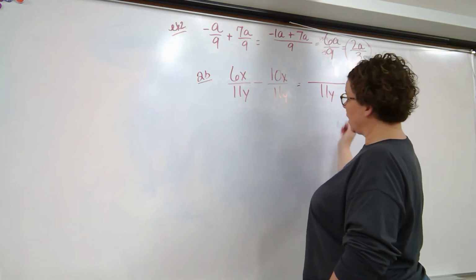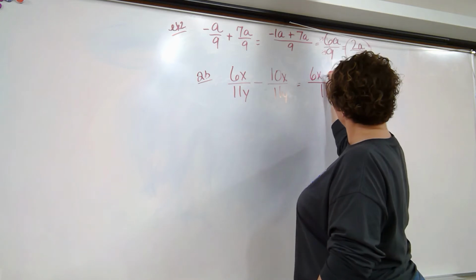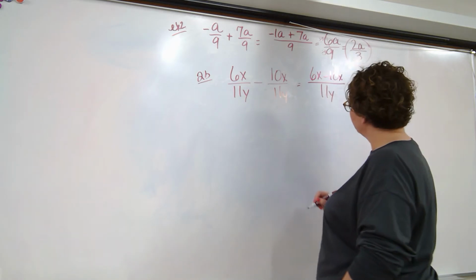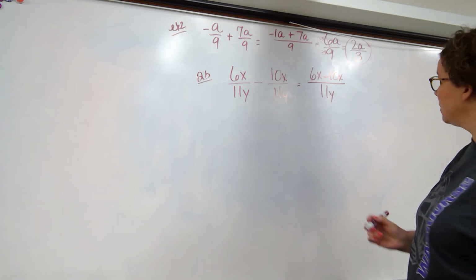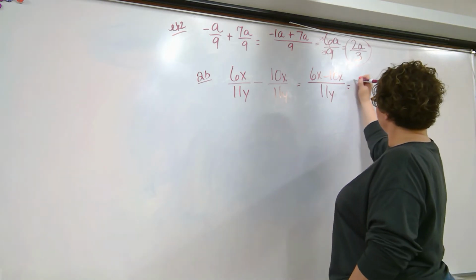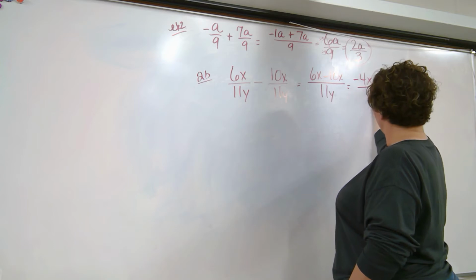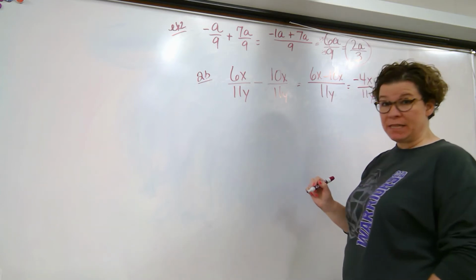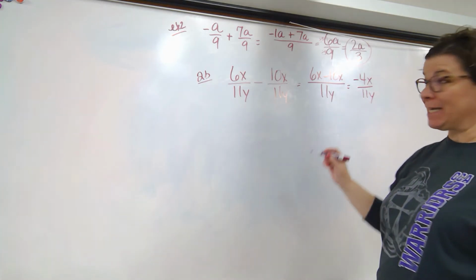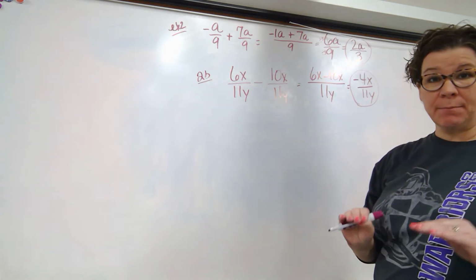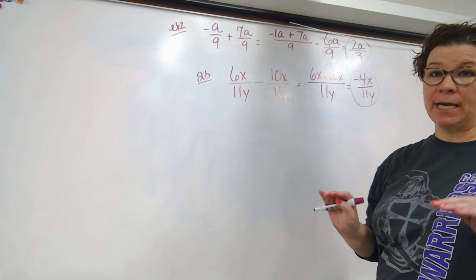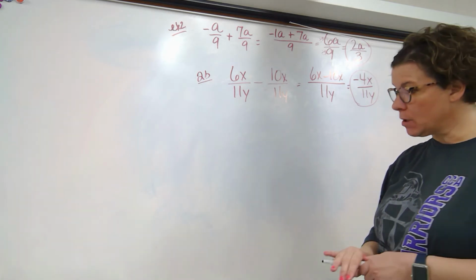Everything goes over 11y. And then I've got 6x minus 10x. I can combine the x's because they are like terms. Okay? That leaves me with negative 4x over 11y. Can I do anything else to it? I can't, because this is an x and a y. I cannot combine unlike terms. Okay?